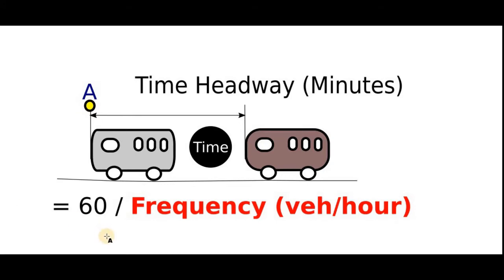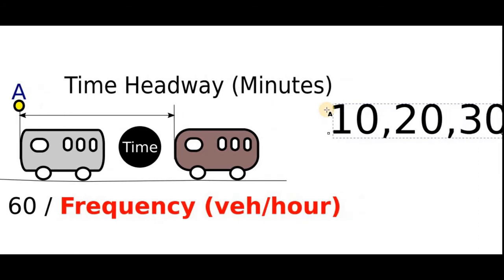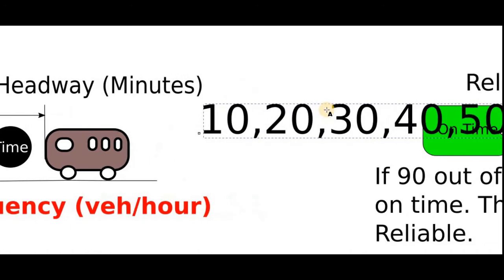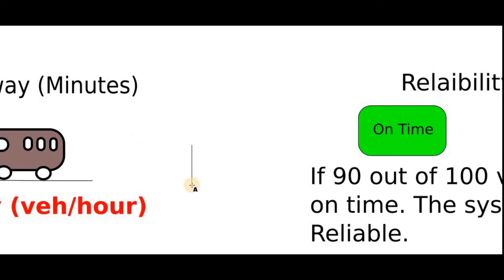Because see, my first vehicle, 10 minutes. Second vehicle, 20 minutes. And my third, 30, 40. We are getting into messy territory here, but you get it, right? So in 60 minutes, 1, 2, 3, 4, 5, and 6 buses are passing through a certain point.